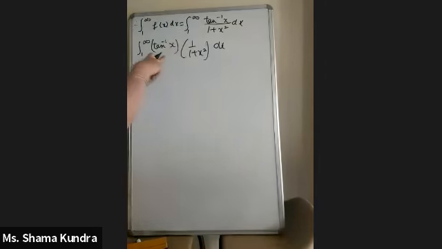See here, the derivative of tan inverse x is present, so its power is 1, add 1 and divide by the power. What will we get?